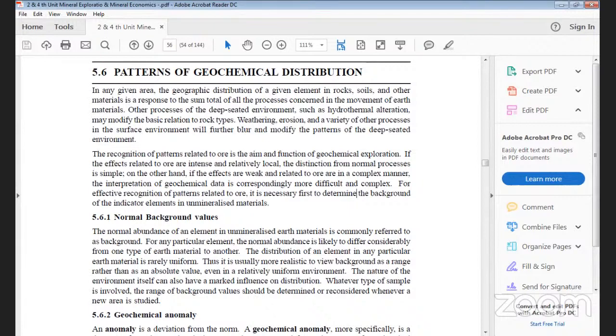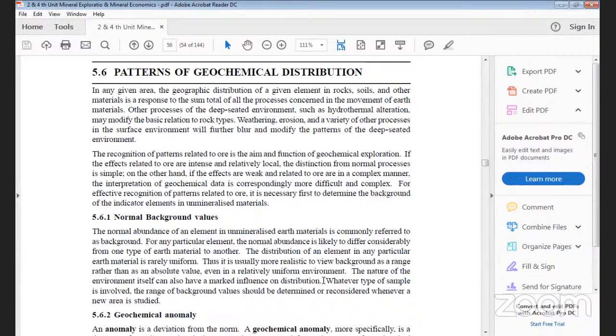Its effects related to the ore are intense, and they are local and distinct from the normal process. So first we have to select the area, whether that area is related to the primary environment, or whether the sample we are going to collect is from the secondary environment. Secondary environment here means the superficial environment.